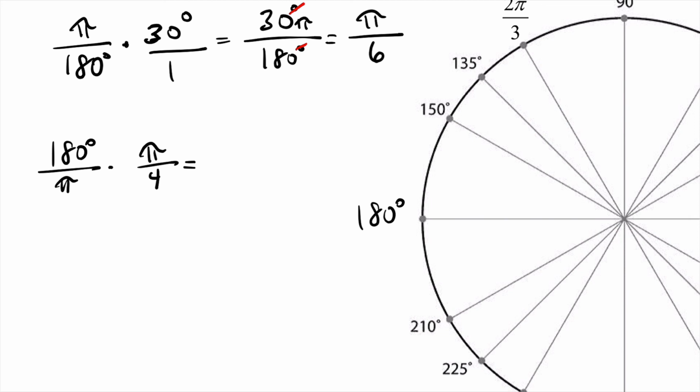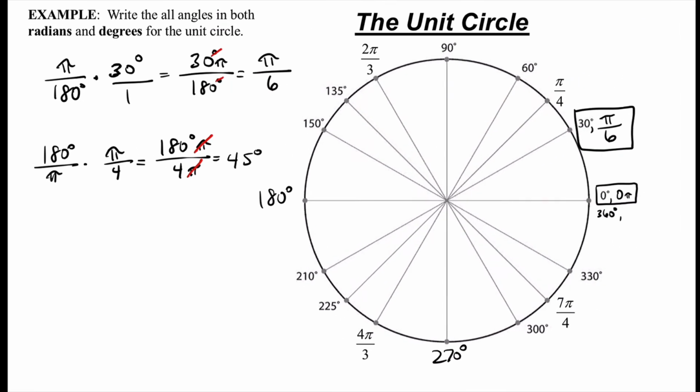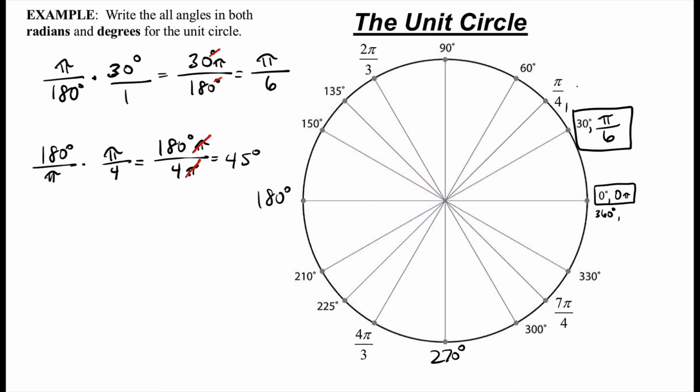Multiply straight across. We get 180 degrees pi over 4 pi. Pi's cancel out. 4 goes into 180 45 times. So pi over 4 is the same thing as 45 degrees. Box that in. I am done with that one.